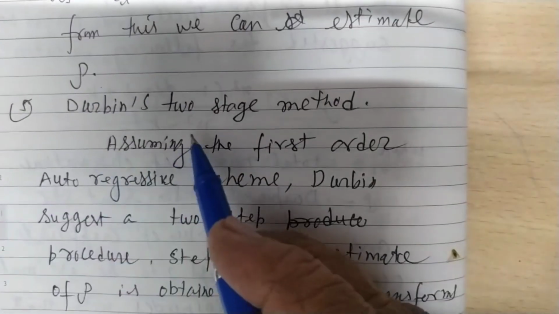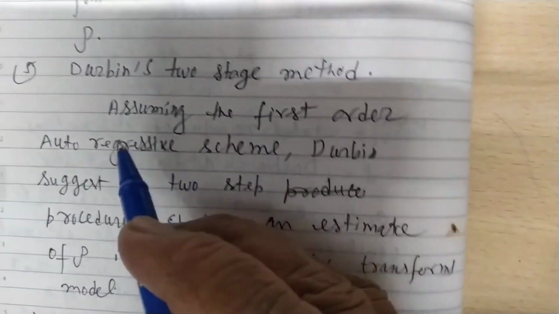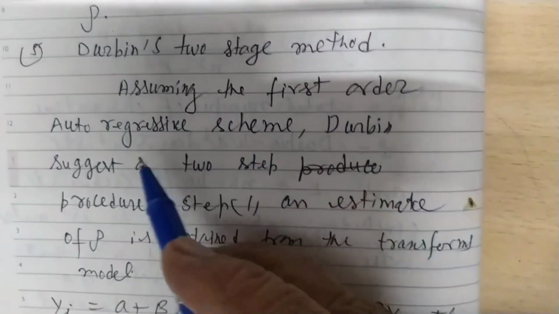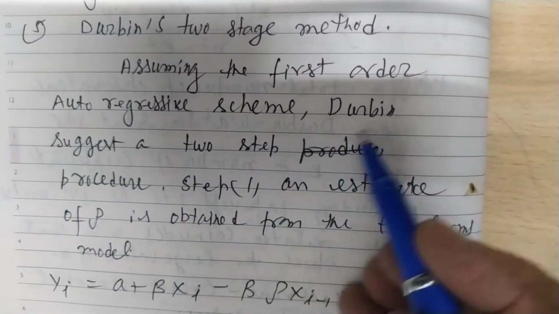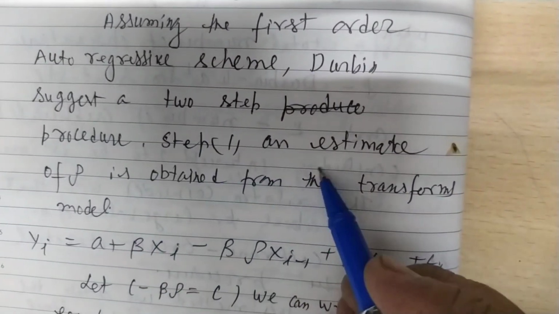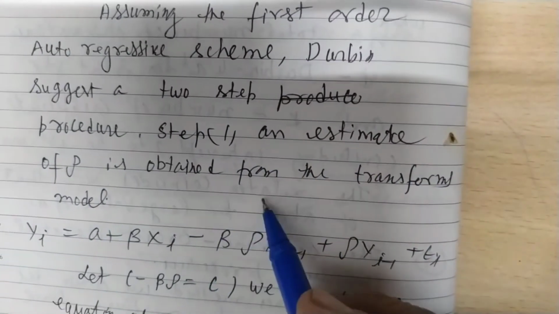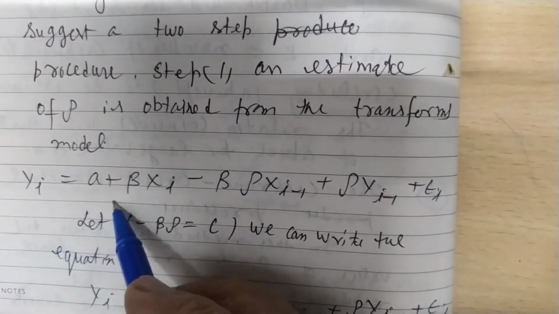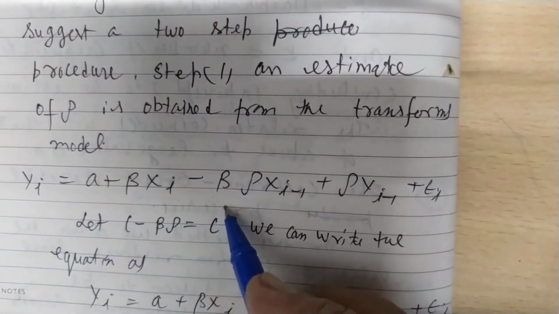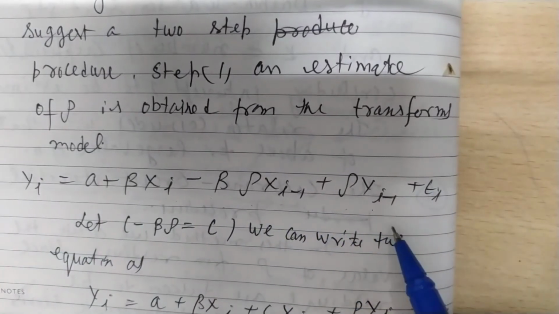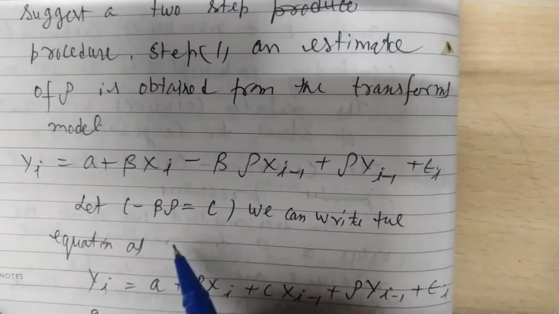Fifth method: Durbin two-stage method. Assuming the first order autoregressive scheme, Durbin suggests a two-step procedure. Step 1: an estimate of rho is obtained from the transformed model yi is equal to alpha plus beta xi minus beta rho xi-1 plus rho yi-1 plus epsilon i.